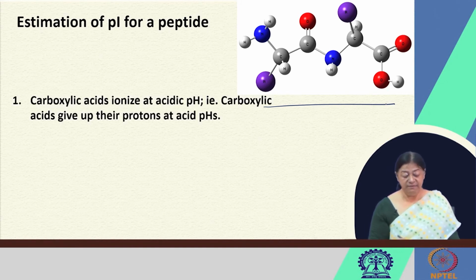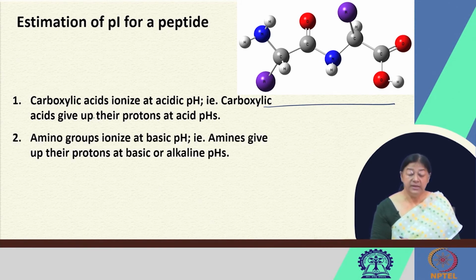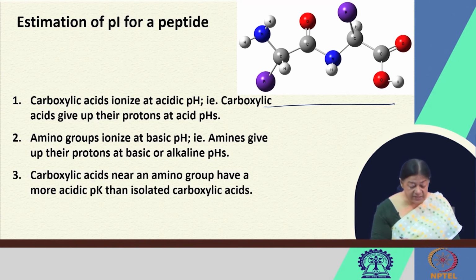If we have the carboxylic acids, we know that they ionize at acidic pH. That means they give up their protons. The amino groups ionize at basic pH, which means they would give up their protons at a relatively alkaline pH range. In addition to that, the characteristic of the environment is also important.